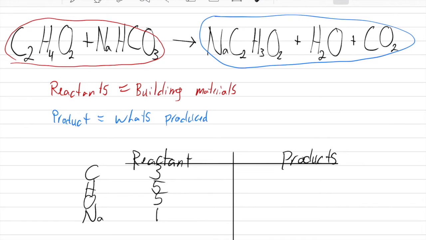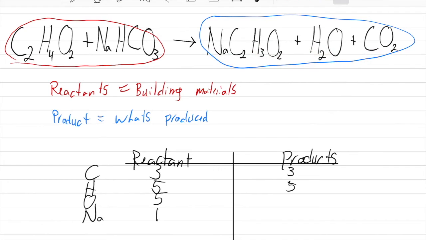Then moving over to our products. In our products, looking at carbon, this molecule here has 2, water has 0, and then carbon dioxide has 1, for a total of 2 plus 0 plus 1 is 3. Then, when we look at our hydrogen, this molecule has 3, water has 2, carbon dioxide doesn't have any, so 3 plus 2 plus 0 is 5.